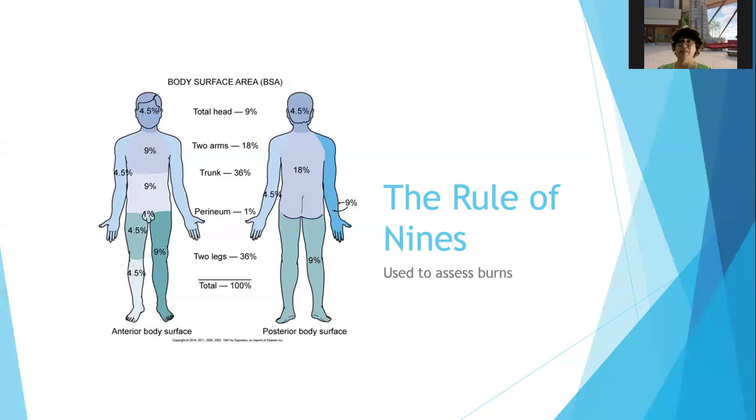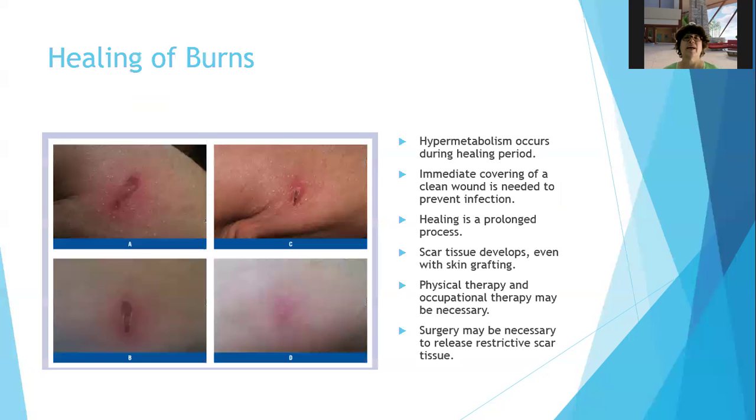There is another assessment system that is used for children because their surface area is a little bit different from adults. But the rule of nines is kind of the general way to assess burns, to calculate the body area affected. During the healing of burns, you get hypermetabolism because the cells are trying to rebuild quickly.